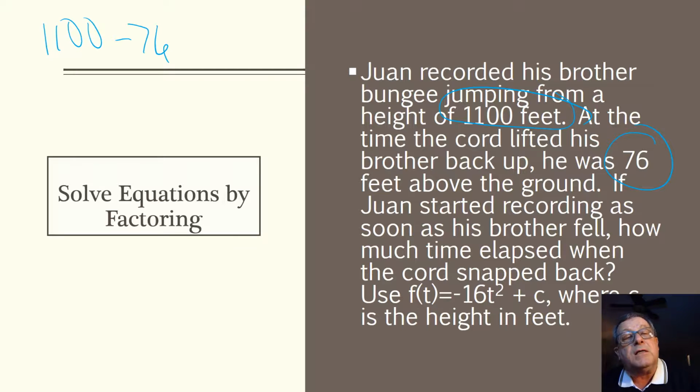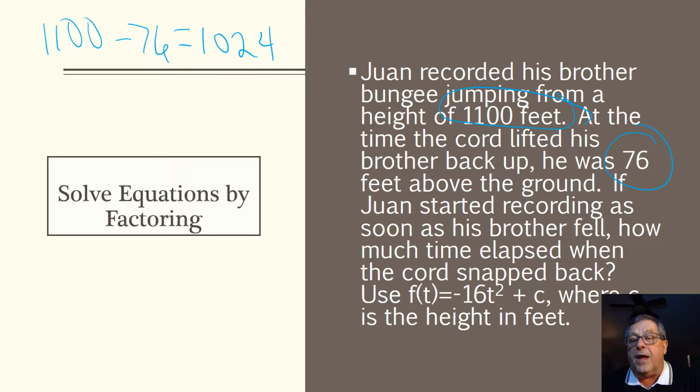If I subtract 76 from 1,100, I believe that's going to equal 1,024. So he actually fell 1,024 feet before the cord snapped back.